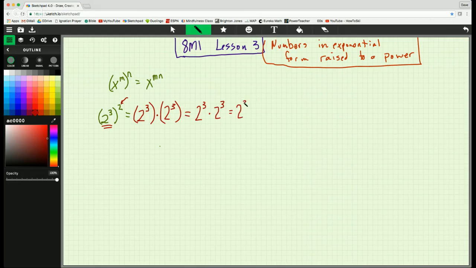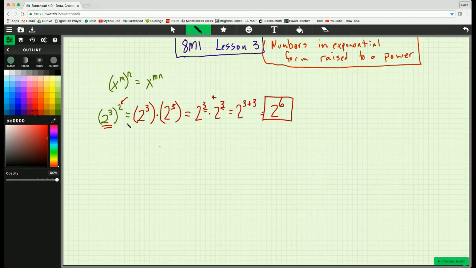So we get 2 to the 3 plus 3. We take these two numbers and add them together, so we get 2 to the 6th power.